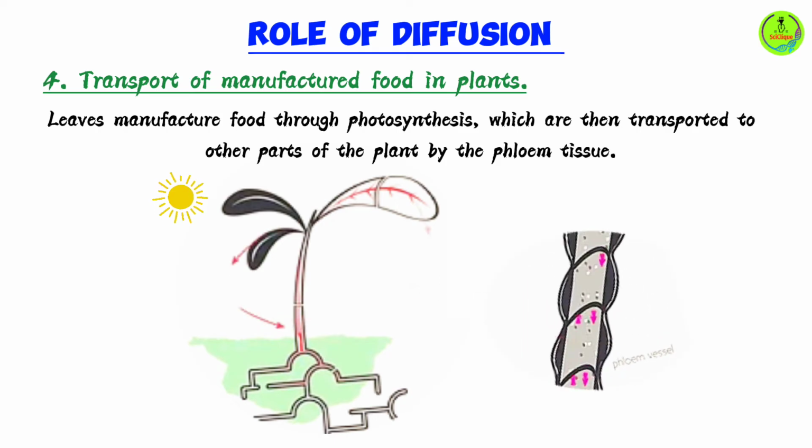You have a specialized tissue within plants whose main function is simply transportation of food substances, but it does so through diffusion. So the food substances diffuse from one region to another based on the concentration gradient. They diffuse from the region of higher concentration to the region of lower concentration until they have been transported to all the areas of the plant.